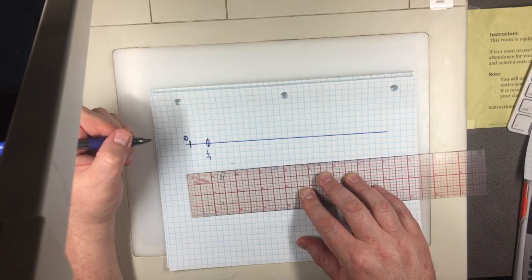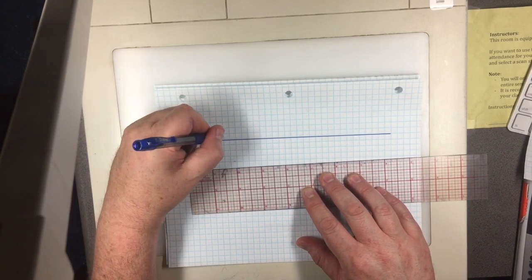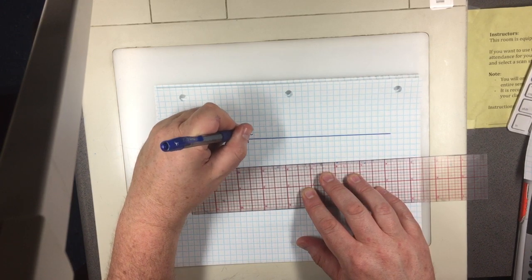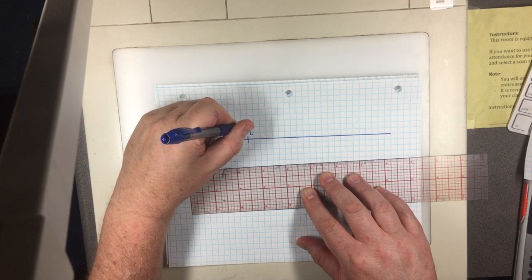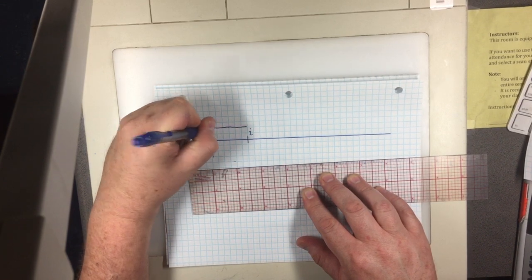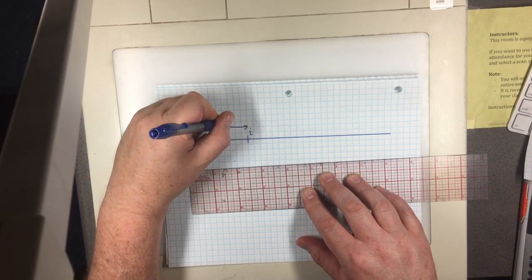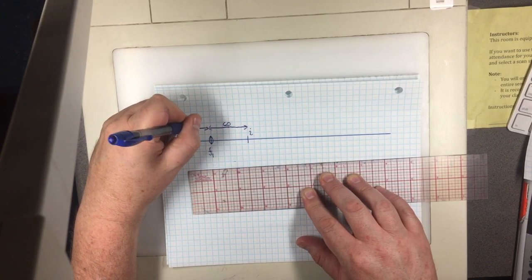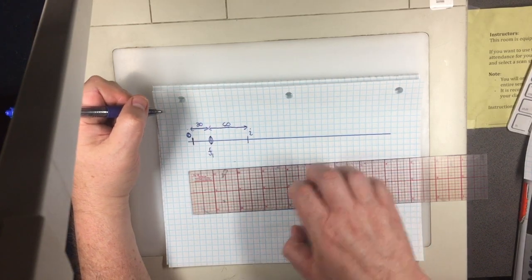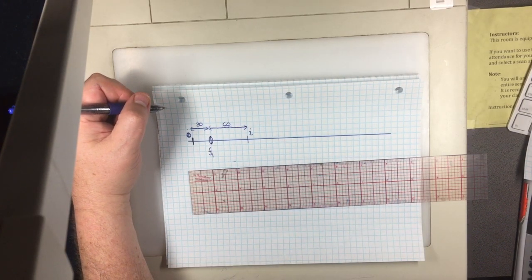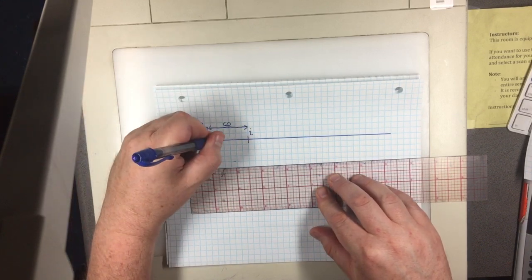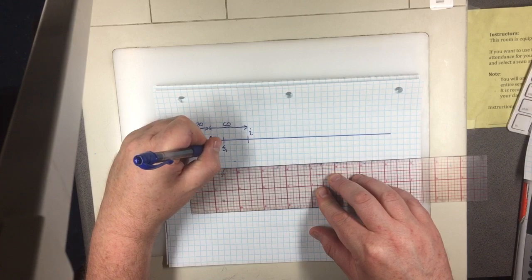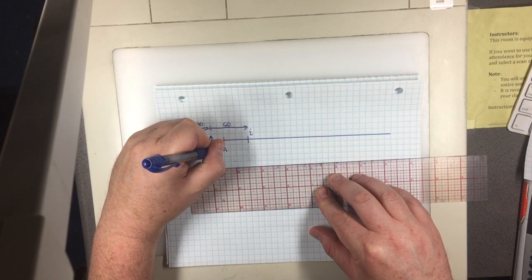The image from the first lens is 60 centimeters to the right. And so that distance is 60. That distance is 30. The focal length of this guy is 20. So F1 is there. And so that distance there is 20.